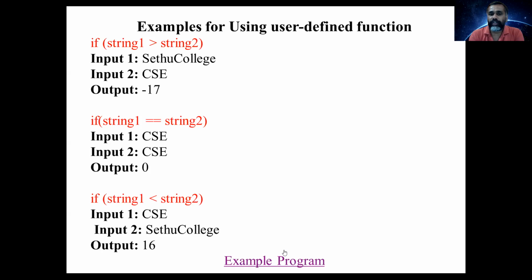Then I am creating a for loop with a counter variable i, and this loop has to execute until we reach the condition i less than length of minimum, and the increment is done here.